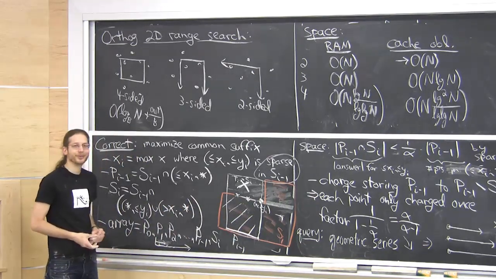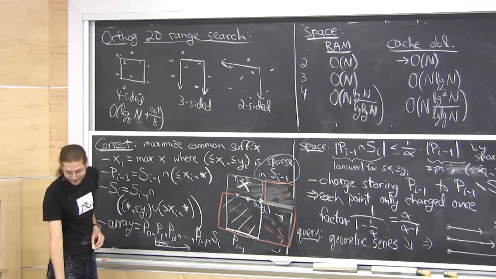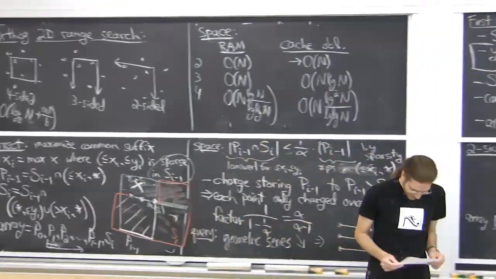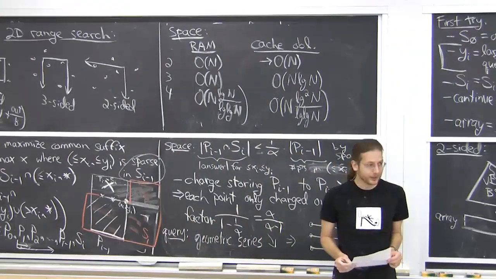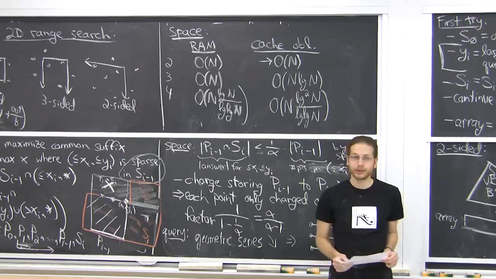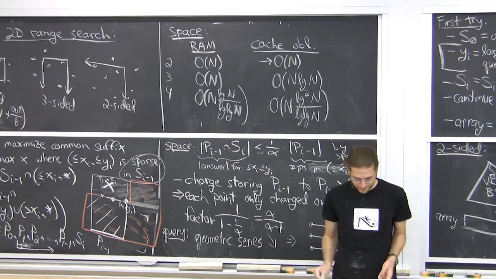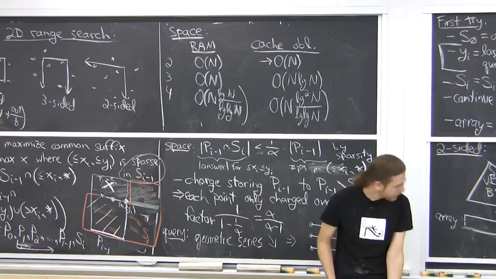I still find this so weird, but it's true. Truth is stranger than fiction, I guess. Other fun facts, you can actually compute this thing in the sorting bound. So preprocessing is just sort. I won't prove that here.